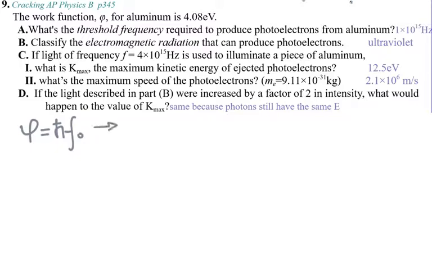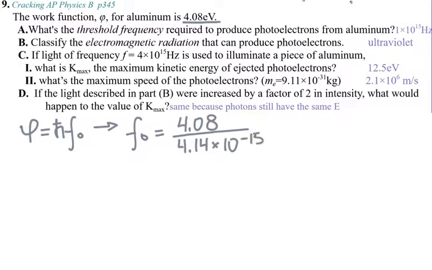If I'm looking for the cutoff frequency, that is going to be 4.08, and my numbers are given in electron volts, so I have to plug in Planck's constant in electron volts. That is 4.14 times 10 to the negative 15, and that will give me almost 1 times 10 to the 15 hertz.